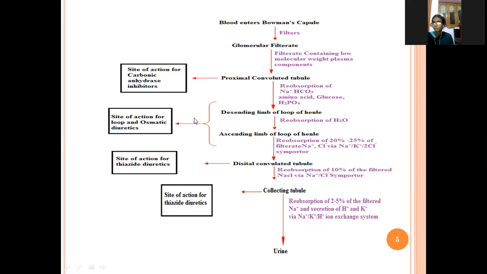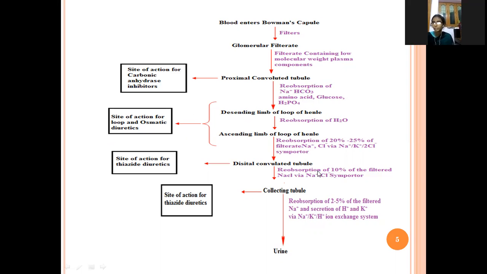Here the loop and osmotic diuretics work. The loop and osmotic diuretic drugs act on the descending and ascending limbs of the loop of Henle, and they inhibit the reabsorption of sodium ions and chloride ions. Next is the distal convoluted tubule.